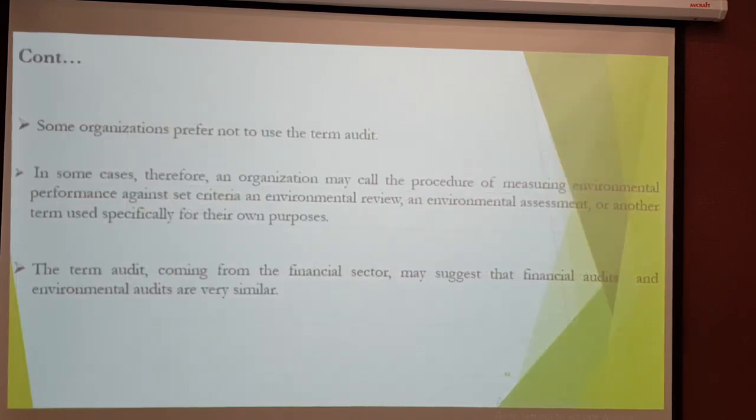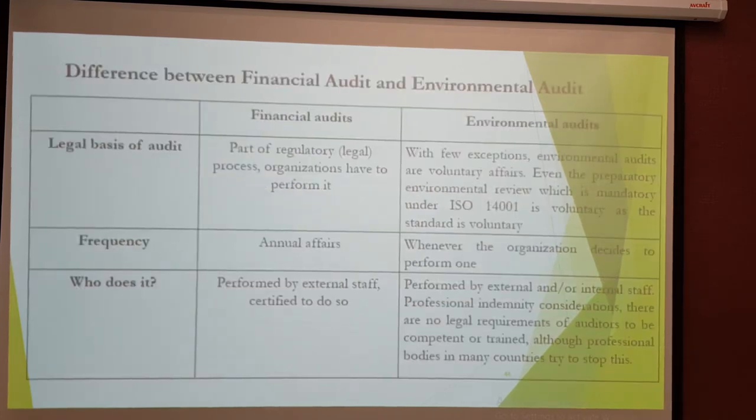Some organizations prefer not to use the term audit, they are just using the financial audit. So these financial audits are very similar. Now how are they different on some key basis? One basis is the legal basis of audit. Financial audit is a part of the regulatory process that organizations have to perform on a legal basis.